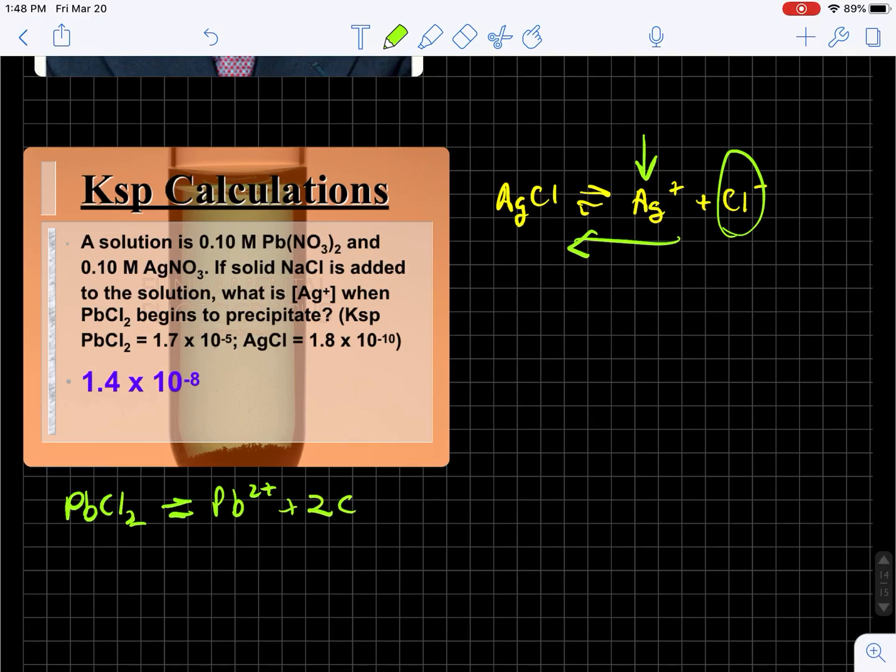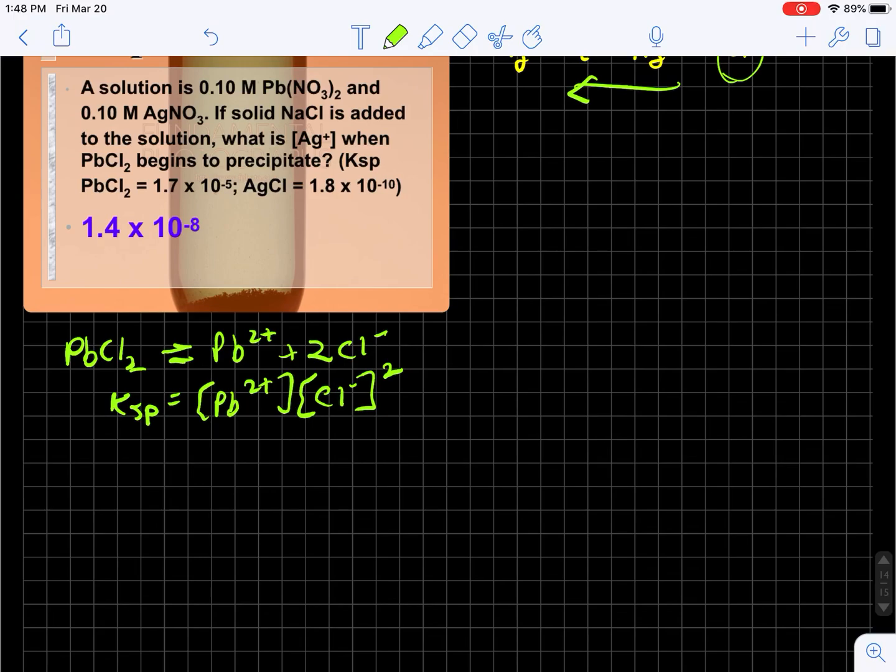produces lead plus 2 moles of chloride, and the KSP for this is lead times chloride squared, and we can solve for the chloride concentration on that. So if I define the lead concentration to be X, then the chloride concentration would be 2X.